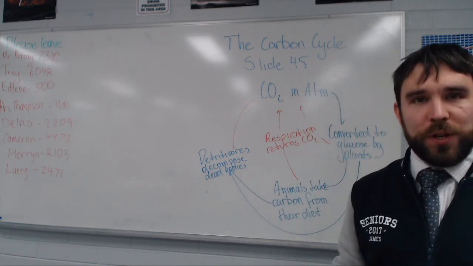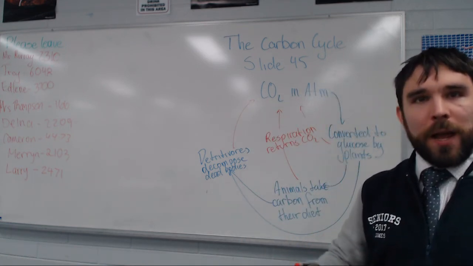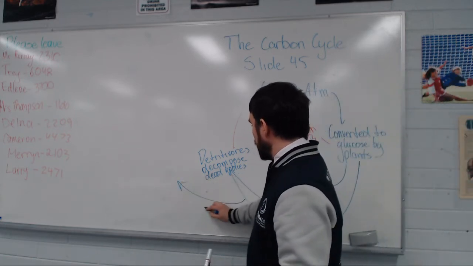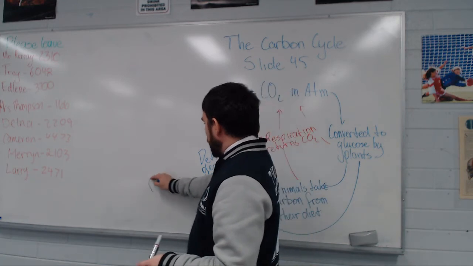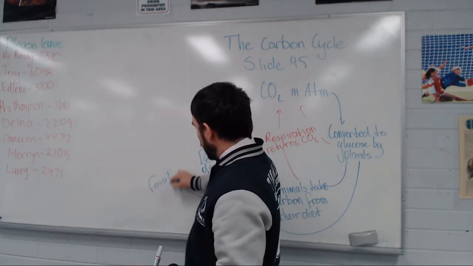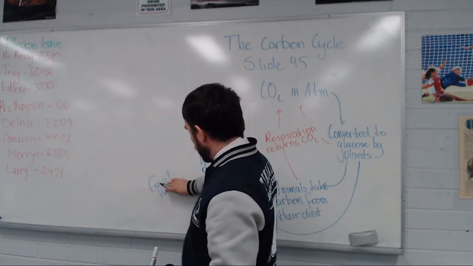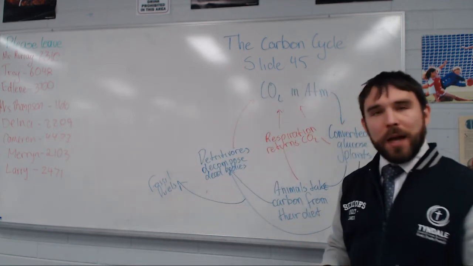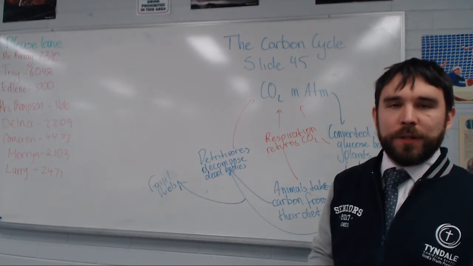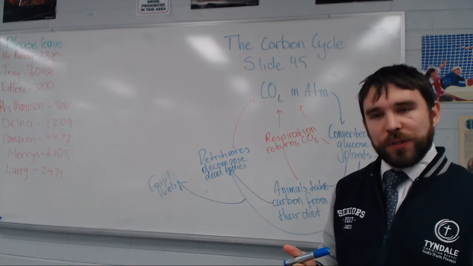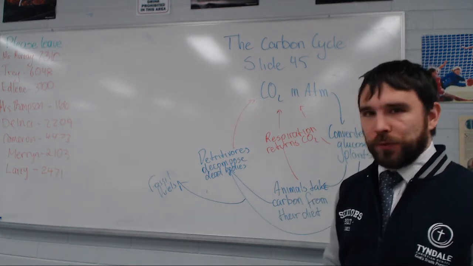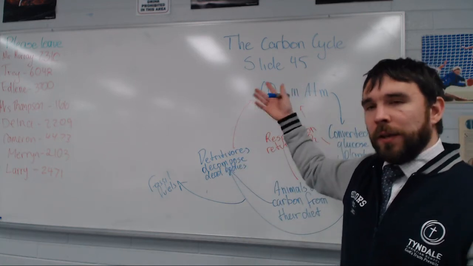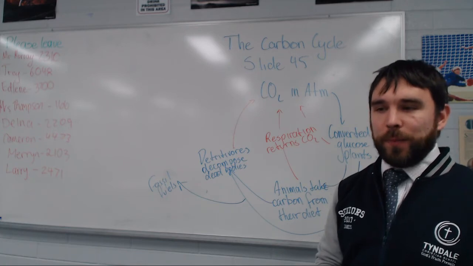It's still just respiration. Now, the bit that's missing so far, or the bit that's missing still. Some carbon doesn't get broken down by detritivores. Some carbon stays in the soil, and that will be converted into fossil fuels. These fossil fuels will then be burnt by humans eventually, so that we re-release that carbon dioxide back into the atmosphere.